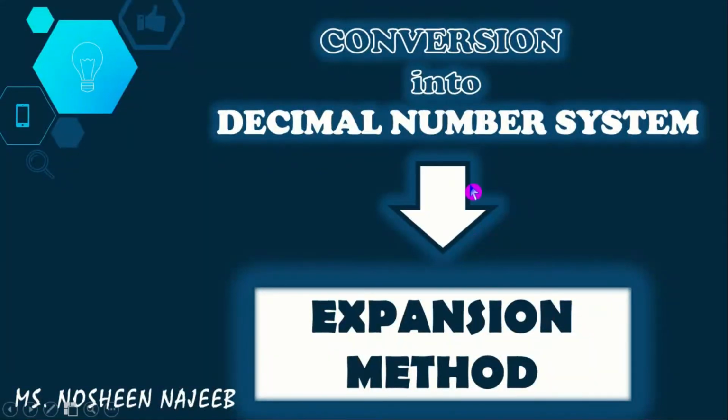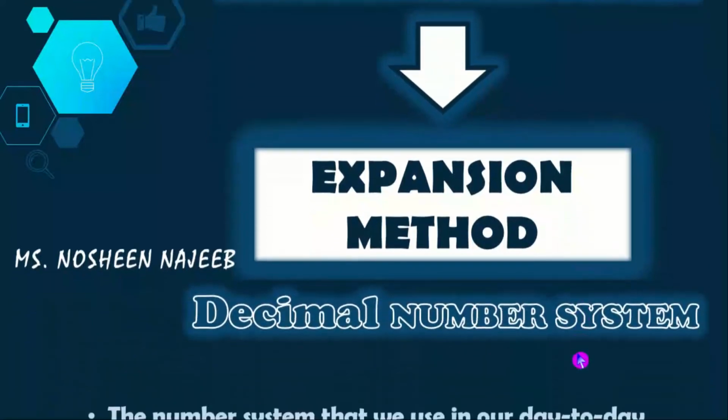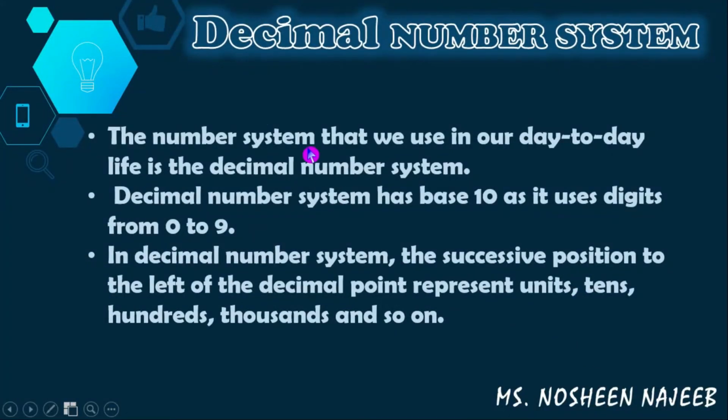Conversion into the decimal number system: whenever you convert any number system into the decimal number system, you will use the expansion method, which is quite important. So let's discuss the decimal number system. The number system that we use in our day-to-day life is the decimal number system. It has base 10 as it uses digits from 0 till 9.